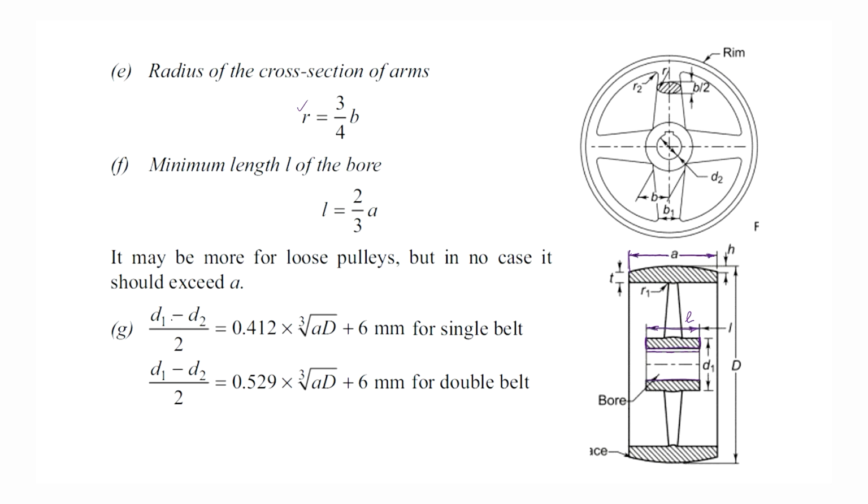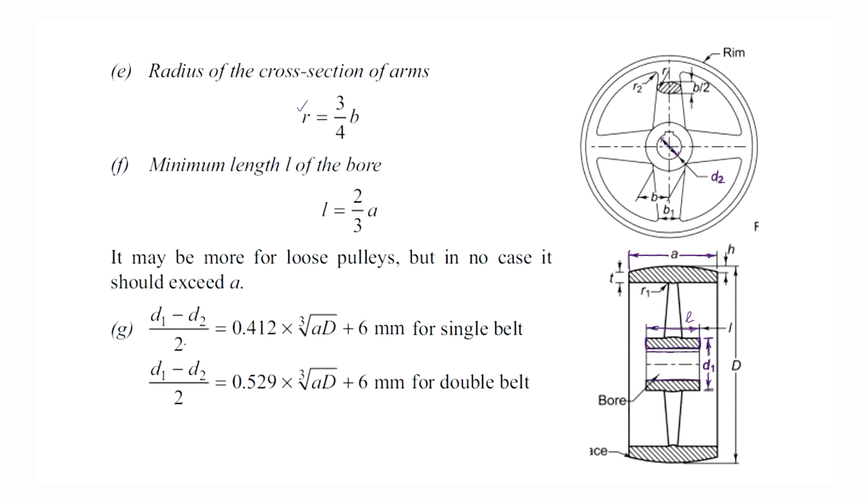Now, another condition is D1 minus D2. D1 is this distance, D1 minus D2. D2 is this one. That means D2 is the diameter of the shaft on which this pulley is mounted.